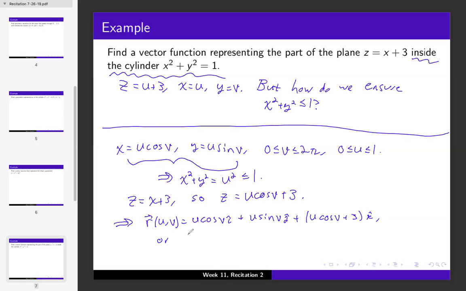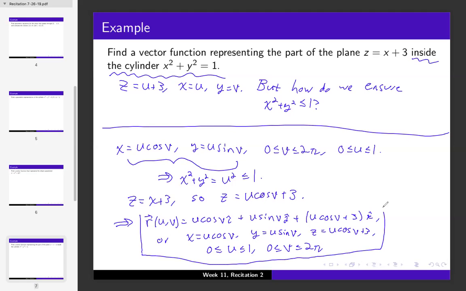Or if you prefer, x equals u cosine v, y equals u sine v, and z equals u cosine v plus 3. They mean the exact same thing. Either way, we have that u is between 0 and 1, and v is between 0 and 2 pi. That's a parameterization.